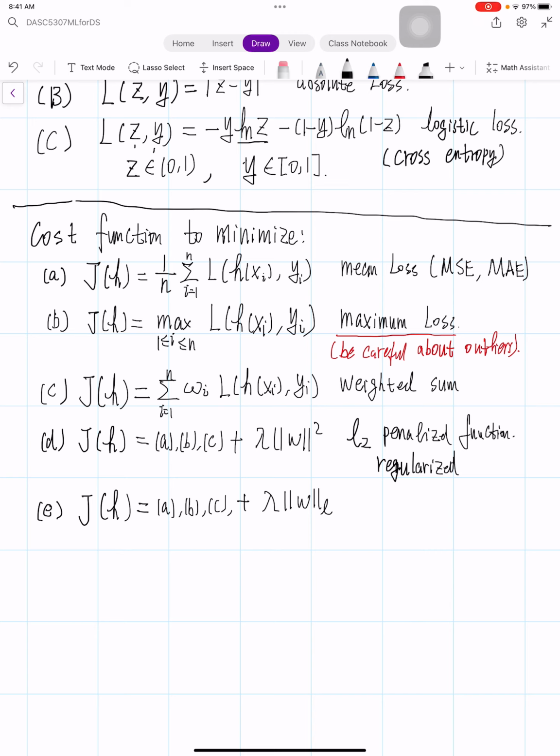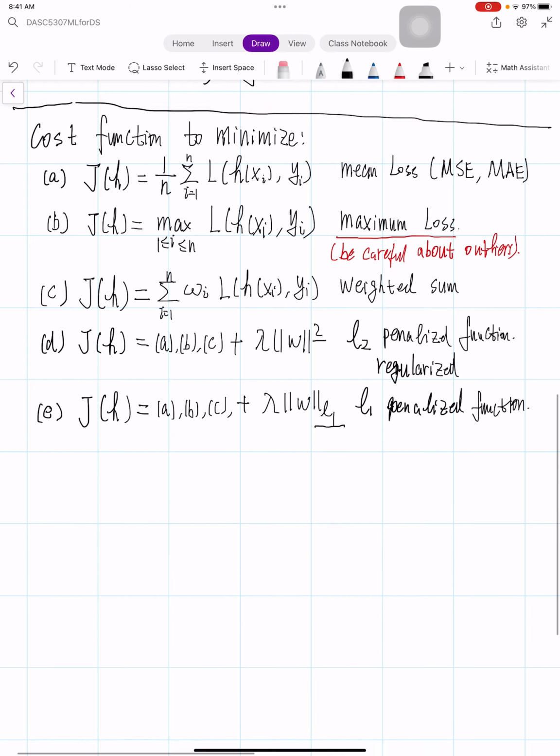So it's called L1 penalized function. Instead of considering the square term here, we consider the absolute value penalty.